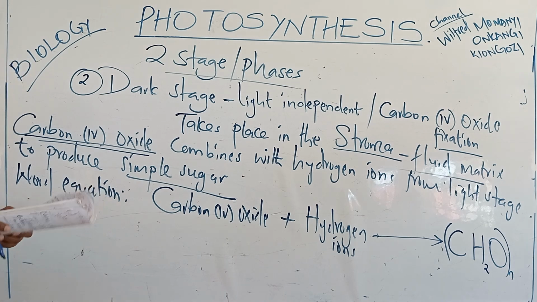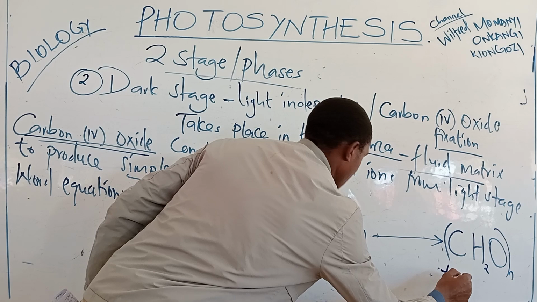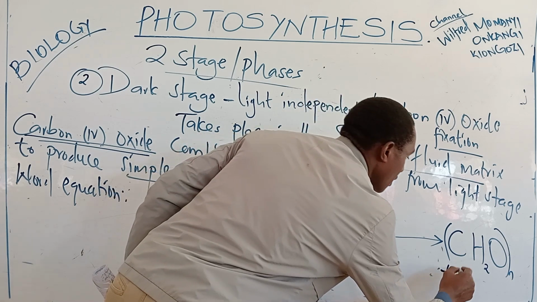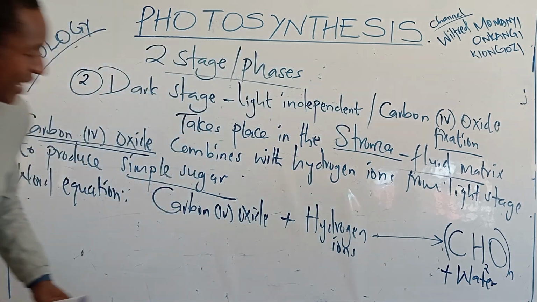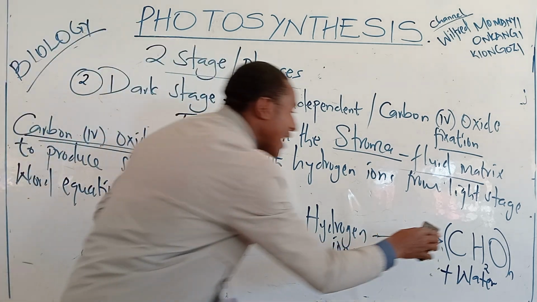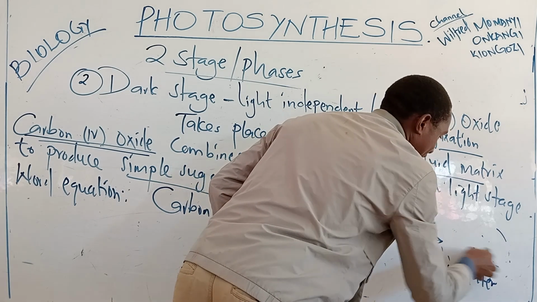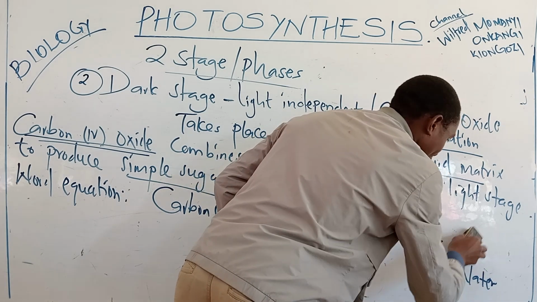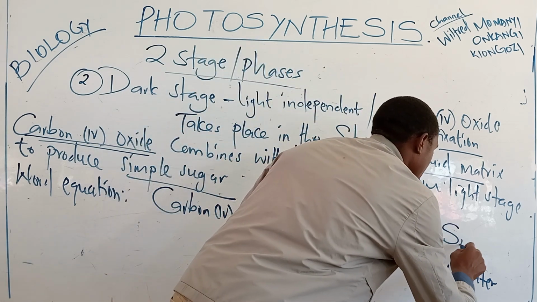And of course, in this process, water is also produced. Because we are writing our equation, let me give this one as simple sugars, so that I do the chemical one in a chemical equation.